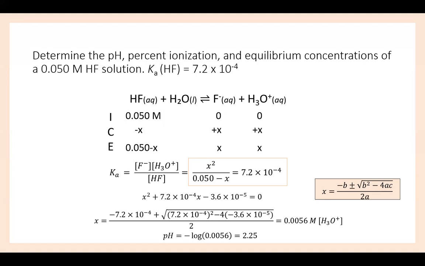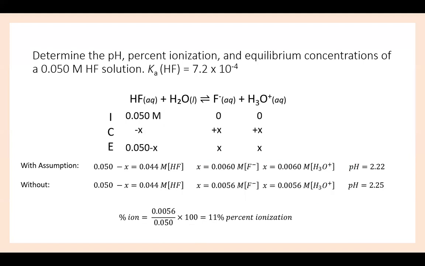Now let's compare. When we used the assumption and simplified the math, we had an x equal to 0.0060 molar and a pH of 2.22. Without the assumption, x was 0.0056 and a pH of 2.25.